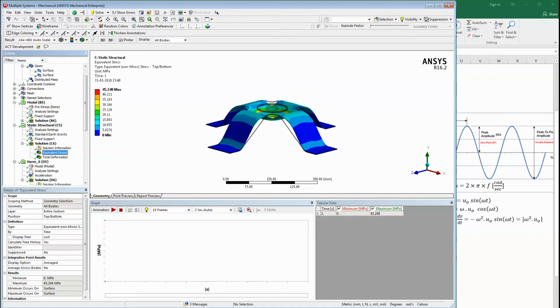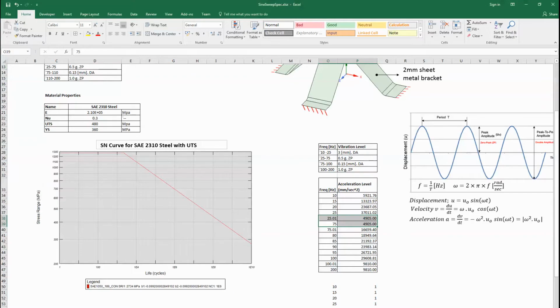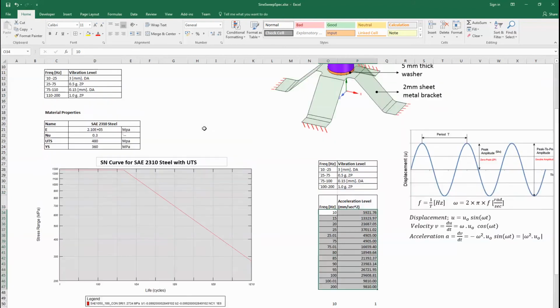Then set up 3 harmonic analyses. I'm doing a modal superposition harmonic analysis, one for x direction, one for y direction, one for z direction. Fortunately, in this case, the sweep vibration profile is the same in all the directions. There may be some other test specification where a different profile will be used in different directions. Okay.